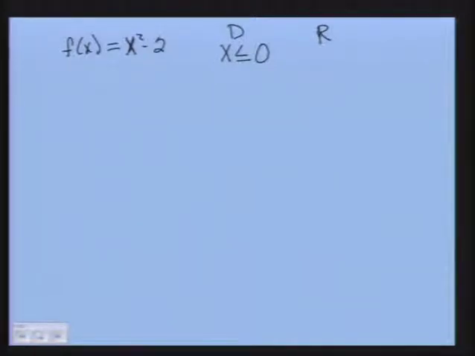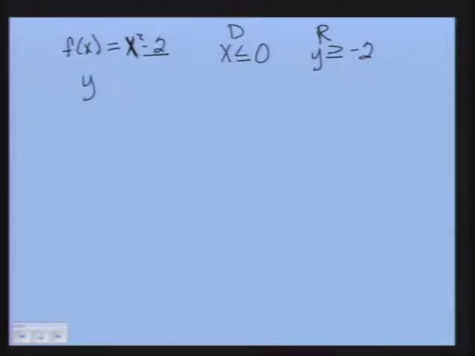If I plug in 0, I get negative 2. So y could equal negative 2, so I'll put the equals. Then I get a number a little larger than 0 and subtract 2, a little larger than that and subtract 2. So I'm going above negative 2, because I have negative 2 and then I add something to it, add something to it, add something to it. So y is greater than or equal to negative 2 for my range.